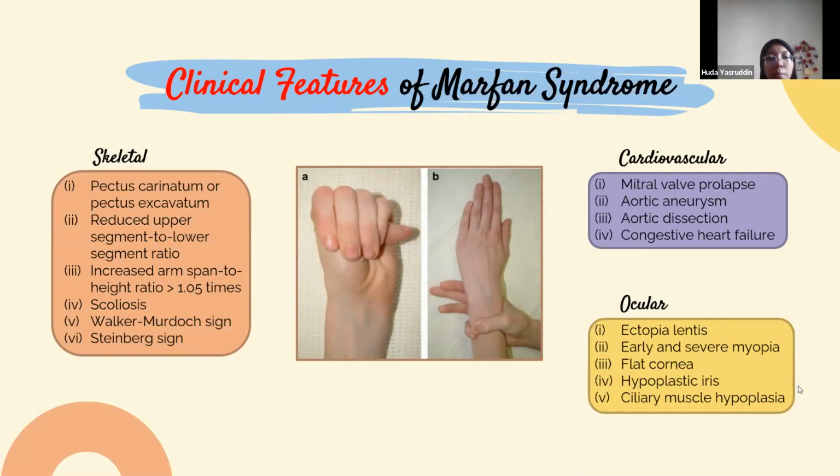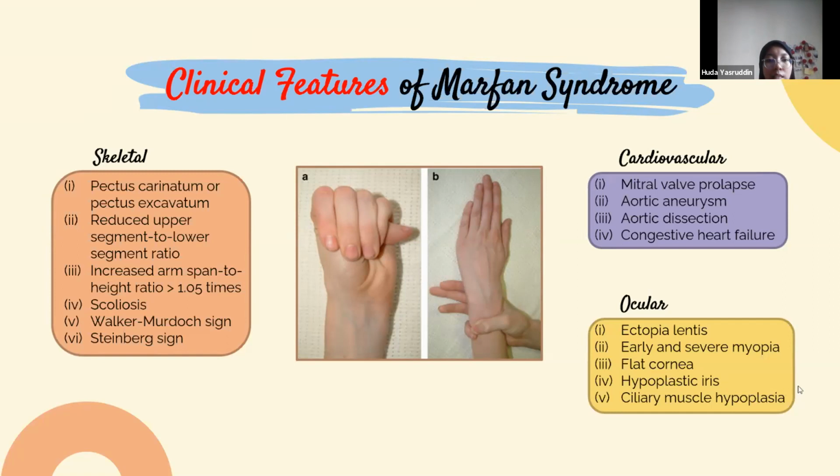The patient may also have a reduced upper segment to lower segment ratio, which means the upper segment is longer compared to the lower segment. There will also be an increased arm span to height ratio, more than 1.05 times. Scoliosis is a lateral curvature of the spine due to overgrowth of the connective tissue there. And the positive Walker-Murdoch sign.